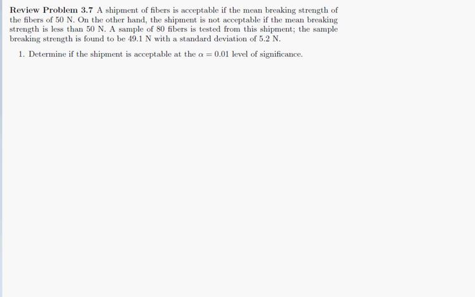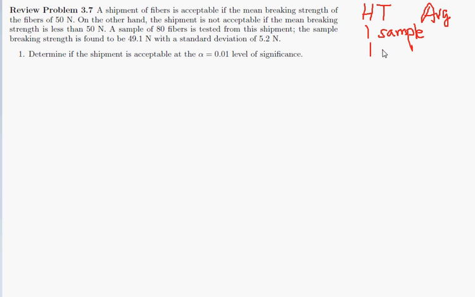We first recognize that this is a hypothesis testing question. This concerns an average. This is a one sample problem comparing the average strength to the posited average strength.